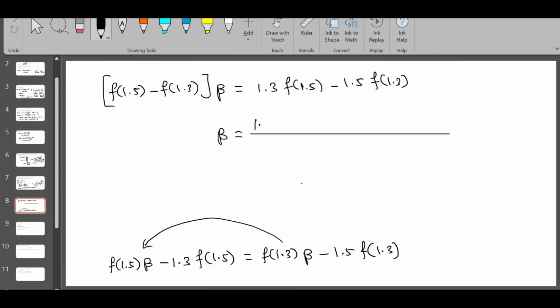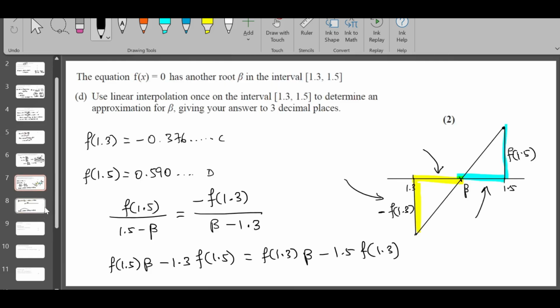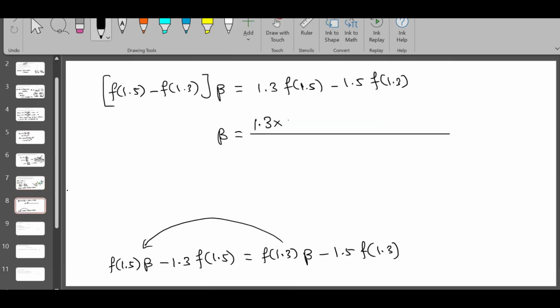So 1.3 times f of 1.5, we stored it as d, 0.590 dot dot dot, minus 1.5 times the value of f of 1.3, which is a negative number, so you can just put it this way, minus 0.376 dot dot dot, divided by this one which will come to the denominator, right?